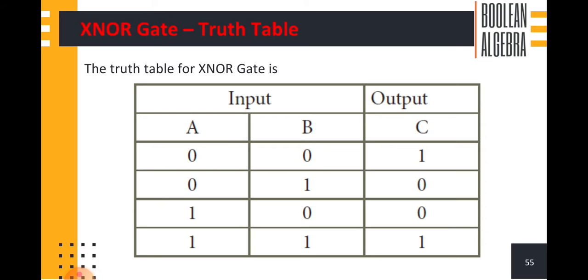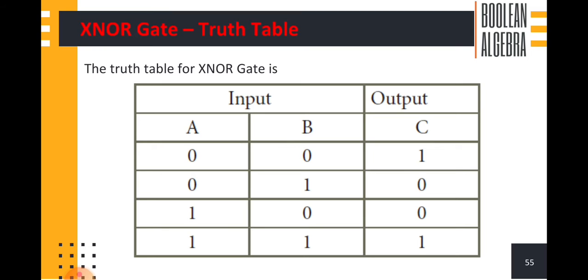In a 3 mark or 2 mark question, they may ask separately about a specific gate: write about the XNOR gate, write about the XOR gate. Or in a 3 mark question they may ask you to write about the derived gates. Derived gates means you have to explain the NAND, NOR, XOR and XNOR gates. Why are these gates called derived gates?